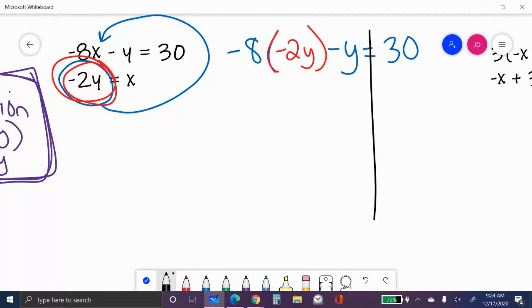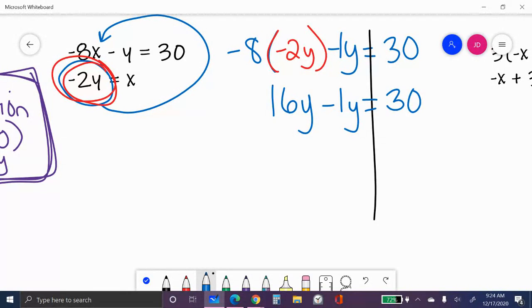Draw a line down the equal sign. And now I solve this. We have one equation now, right? -8 times -2y is +16y minus y, right? -1y, if you want to put that 1 out in front, equals 30. 16y minus 1y is 15y.